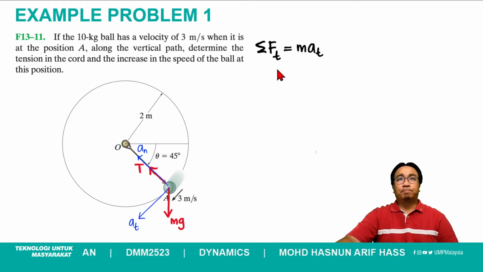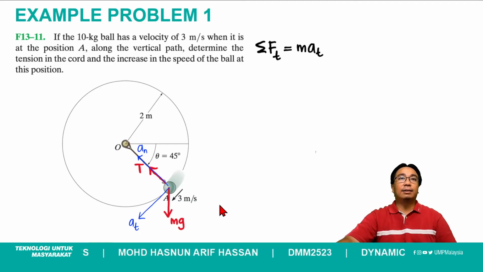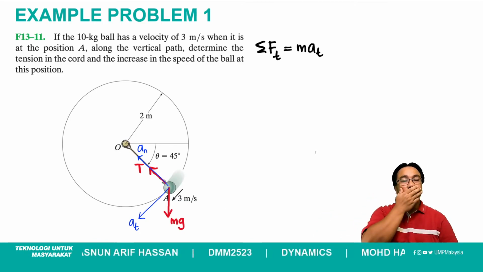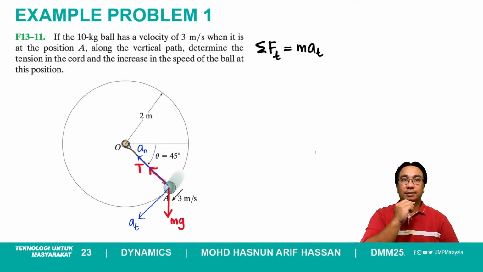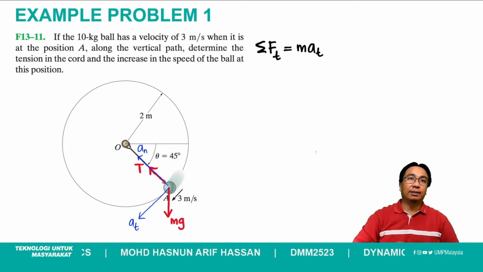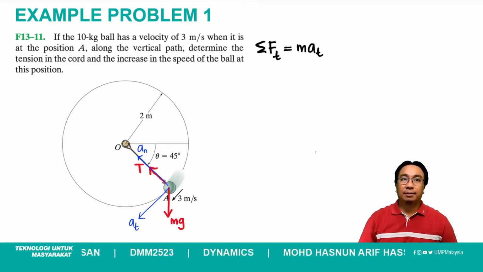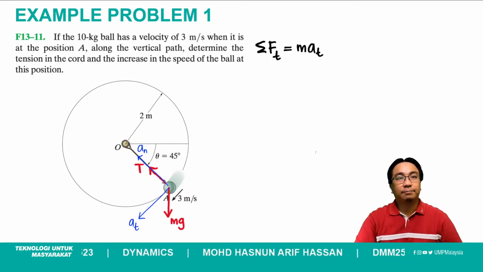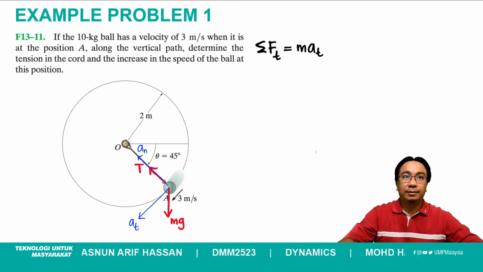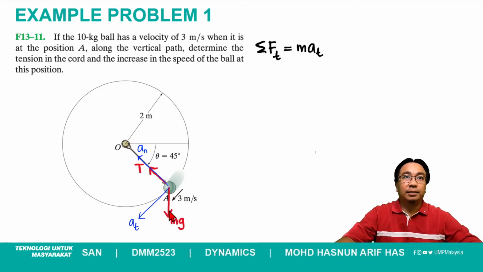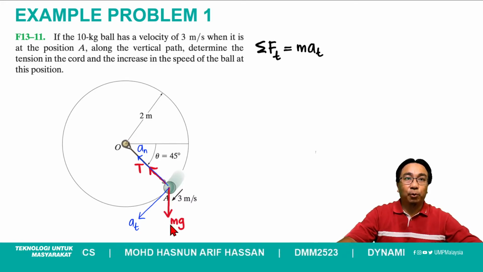That will answer the first part, which is: what is the increase in speed of the ball at this position? Okay, so in the tangential axis, how many forces do you see acting? How many forces are acting in the tangential axis? mg, is it acting in the tangential axis? Yes, the component of mg, right? mg here is pointing down.